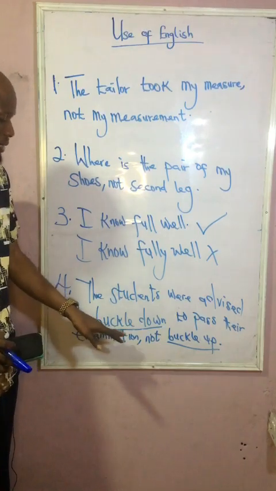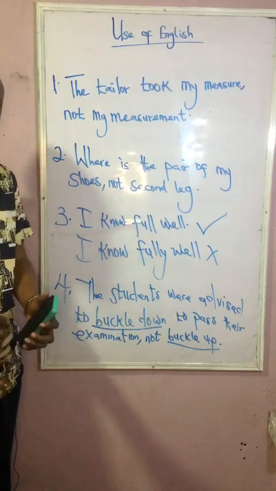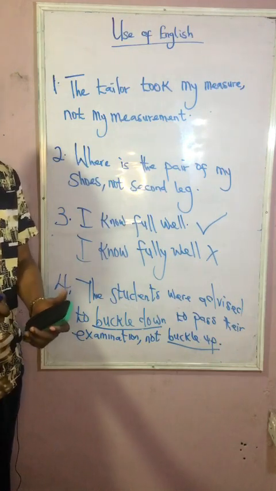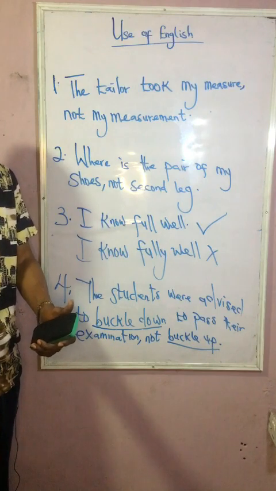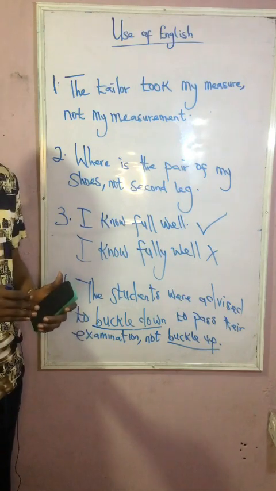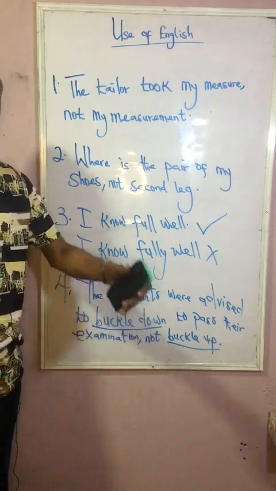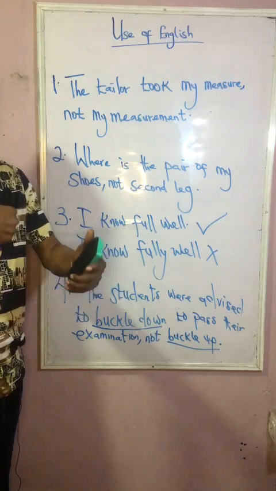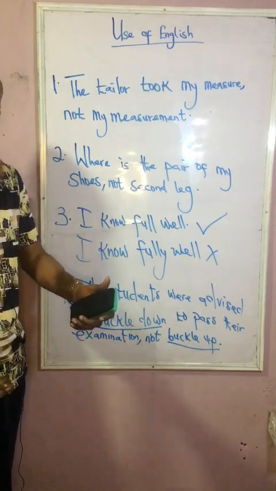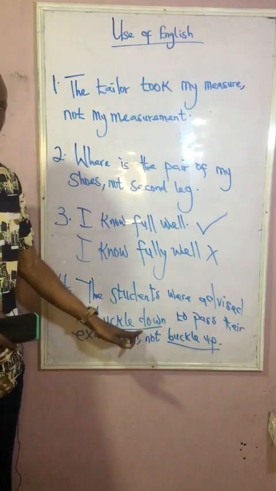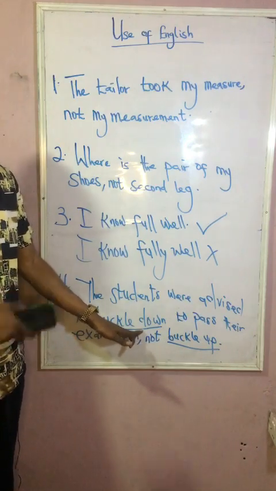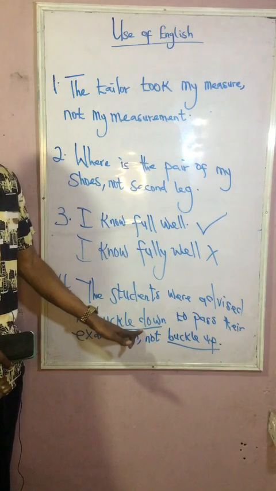Buckle down simply means a situation where you strive in order to excel, a situation where you toil and moil in order to excel. Buckle up simply means a situation where you fasten your belt. So if you use buckle up in this expression, it does not suit it. It is an error.